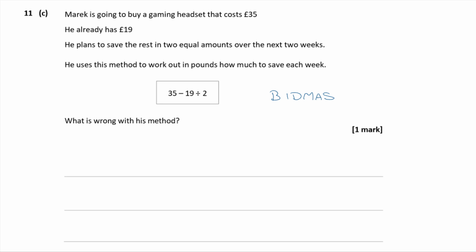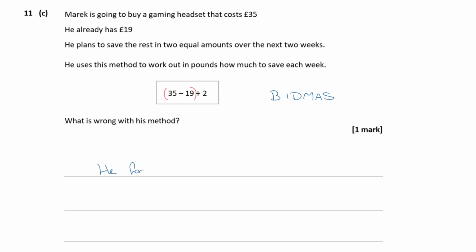Okay, so the way he's written it down reads 19 divided by 2, which would be 9.5, taken away from 35. That's not what he wants to do. He actually wants to do the subtraction before the division, doesn't he? So he needs to do the subtraction first. So what did he do wrong with his method?